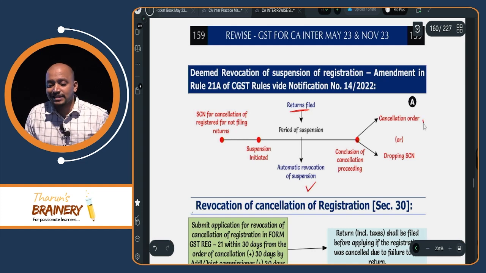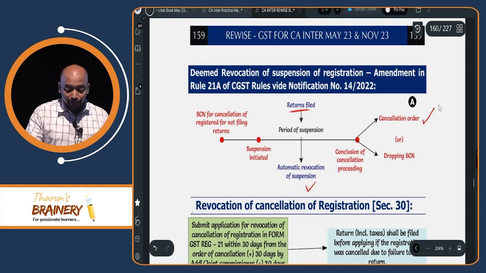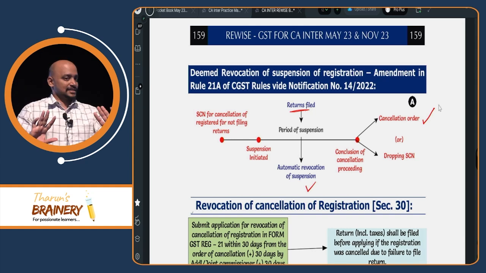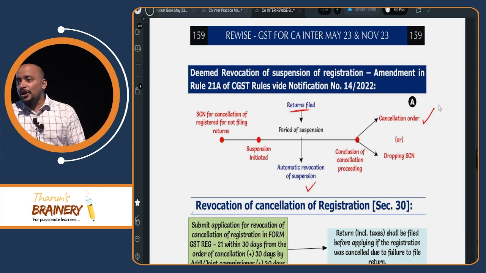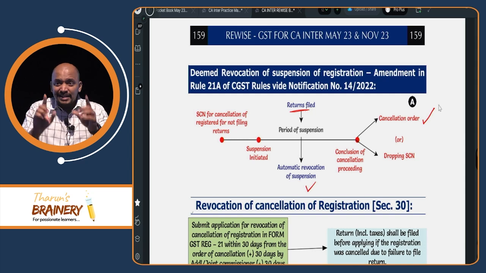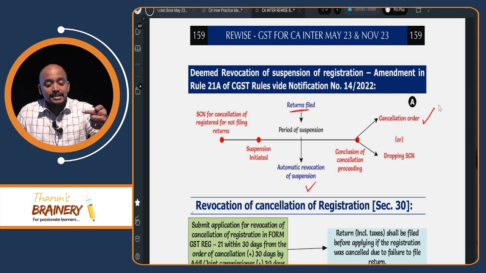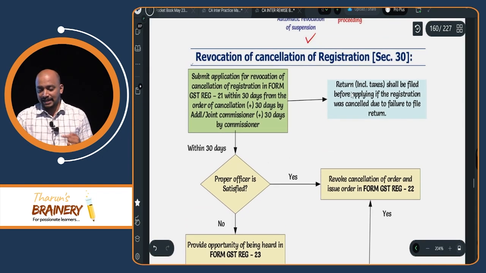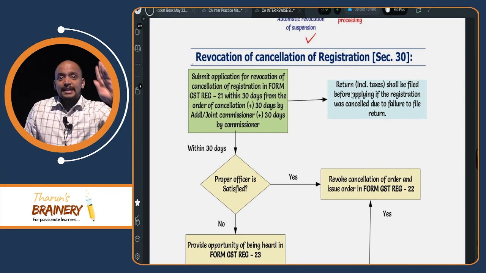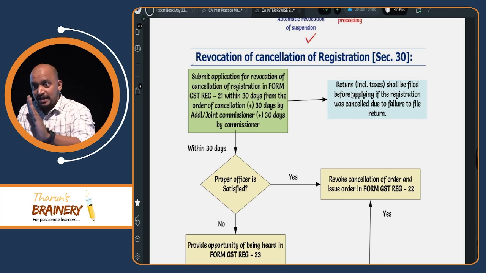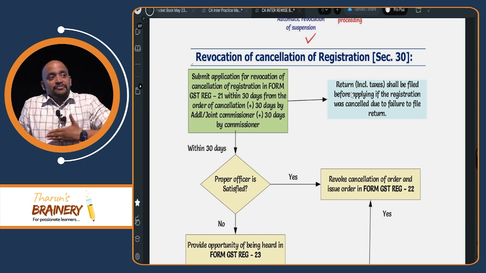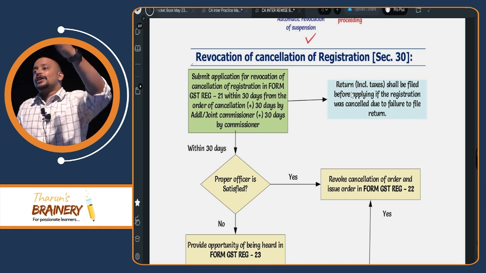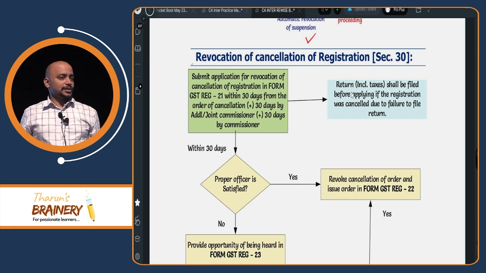Suppose they pass a cancellation order, then what should I do? Still, I can file returns. So, after the cancellation order also, I can still file the returns. That is known as revocation of cancellation of registration, section 30. That is, after they pass a cancellation order, I have to make an application for revocation by filing all the pending returns. You understood?